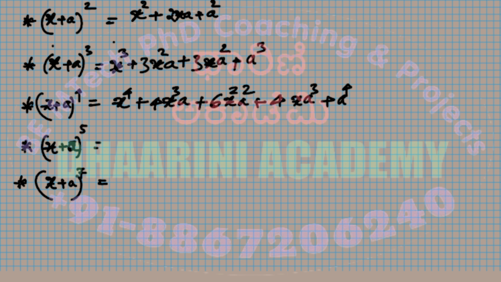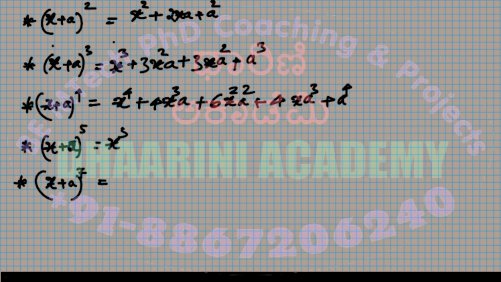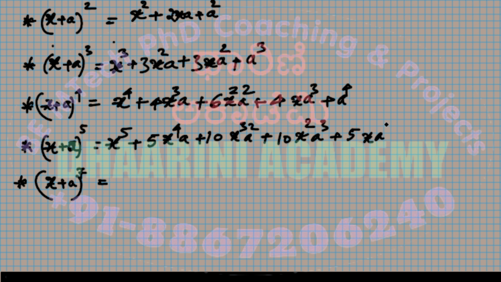Okay, this is equal to x to the 5, plus 5x to the 4 into a, plus 10 x cube a square, 10 x square a cube, plus 5 x into a to the 4, plus a to the 5. Correct.